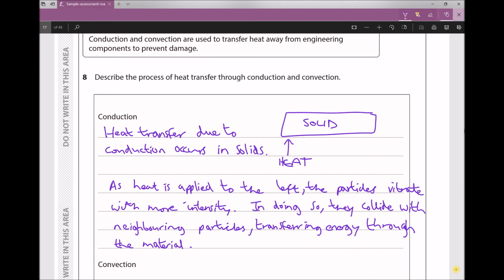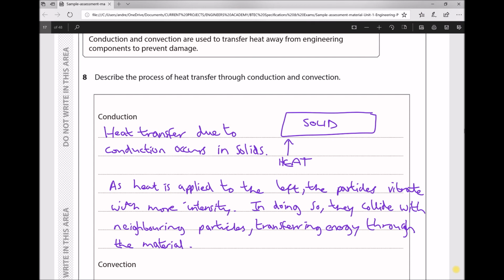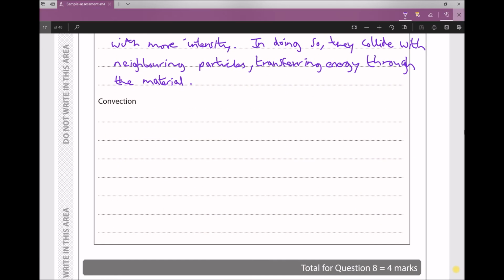Now, let's move on to convection. And again, I would begin with a diagram. I would apply my heat source. And I would sketch on some lines here to show the circulating of the fluid. And I would begin by saying convection occurs in fluids.